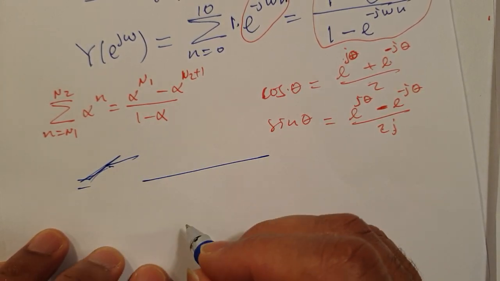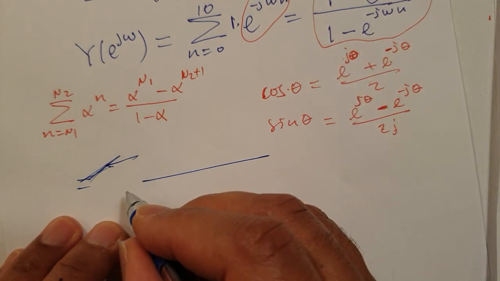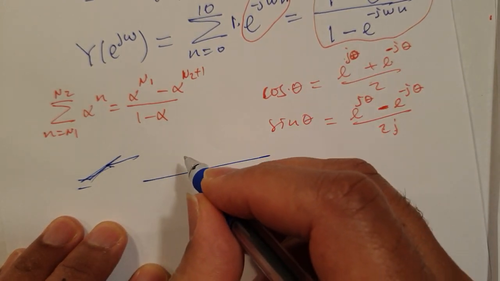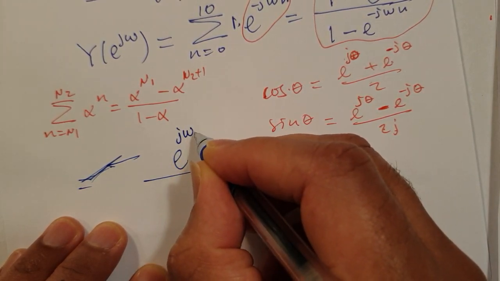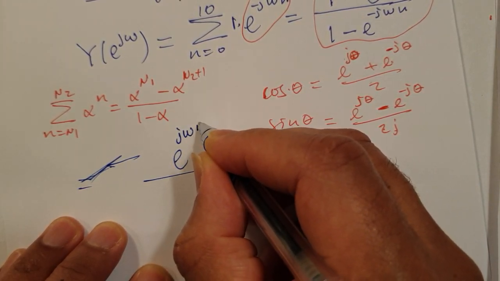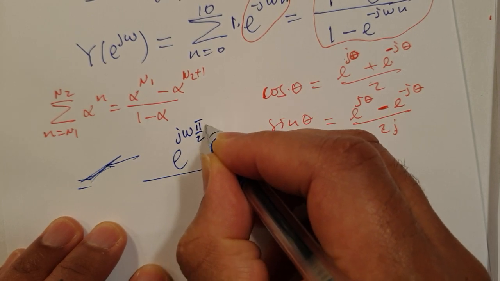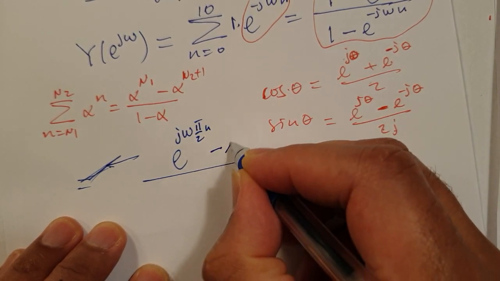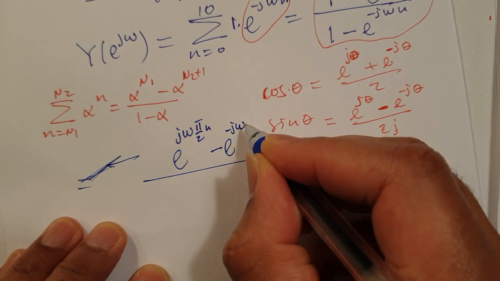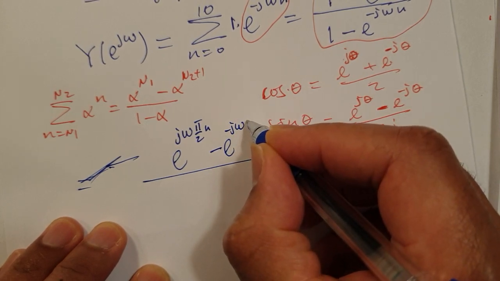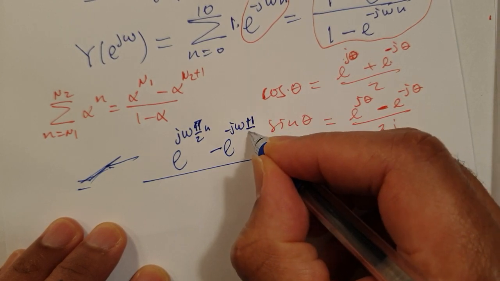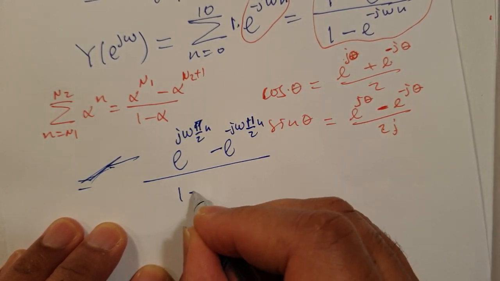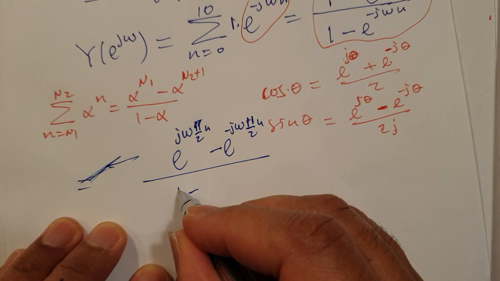So here I will have e to the j omega 11 divided by 2, minus e to the minus j omega 11 divided by 2.